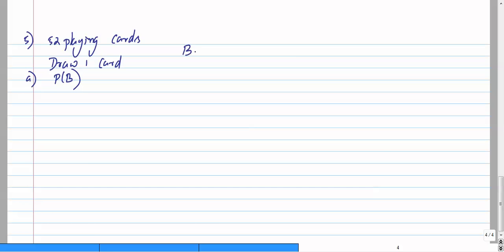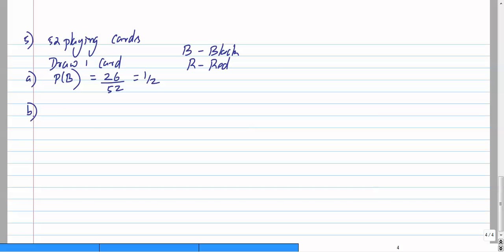Let me represent B as black and R for red. What is the probability of getting a black card? We know that there are 26 black cards and 26 red cards. So the probability is 26 upon 52, that is half.